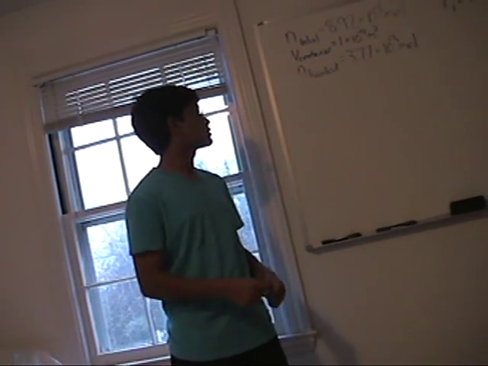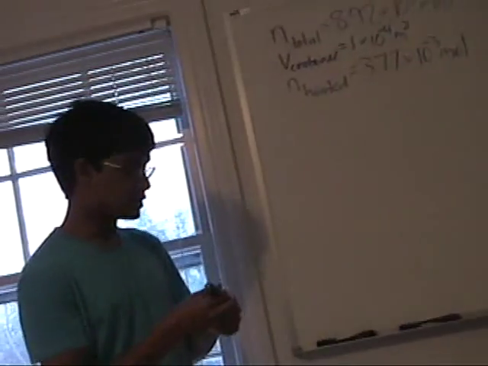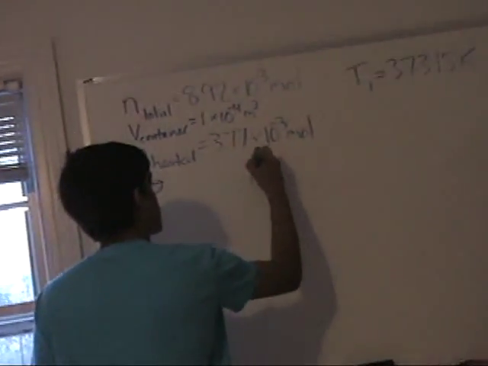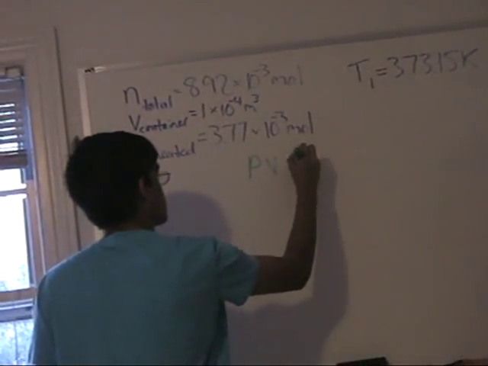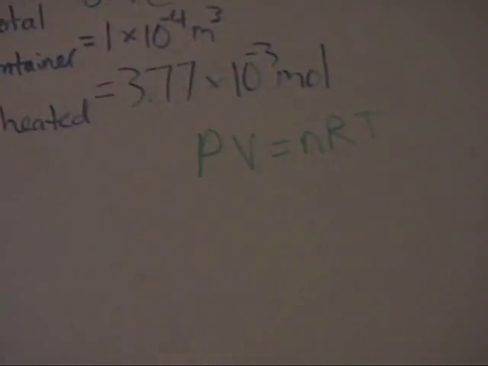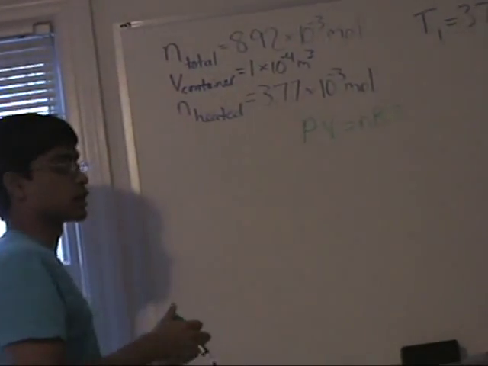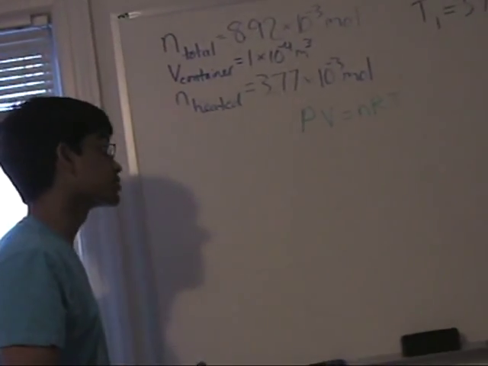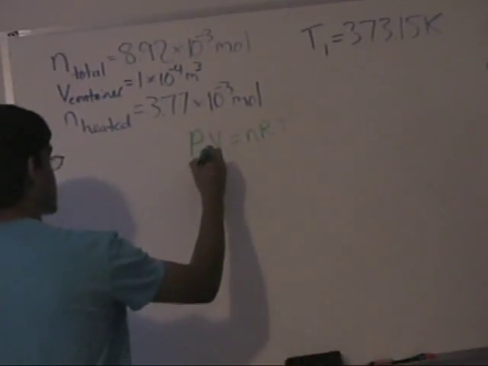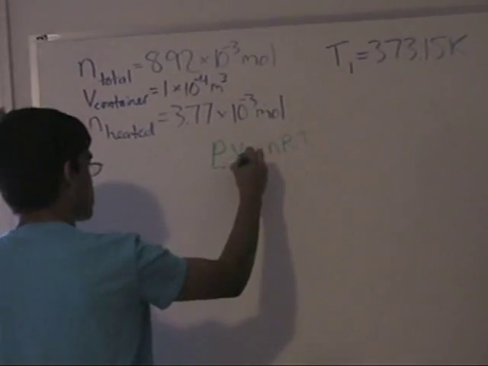Okay, now that we solved for the number of moles in the heated container, we can use the ideal gas equation. And we can solve for the pressure because the question was asking what was the common pressure in both those containers. So we can move the volume to the right side to get P alone.